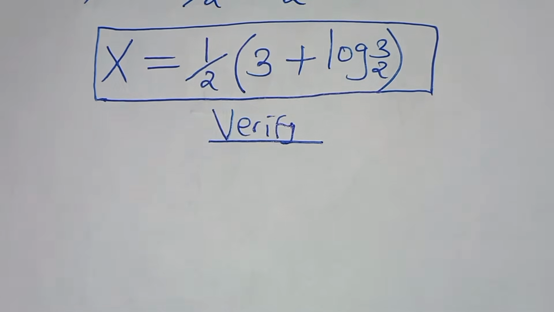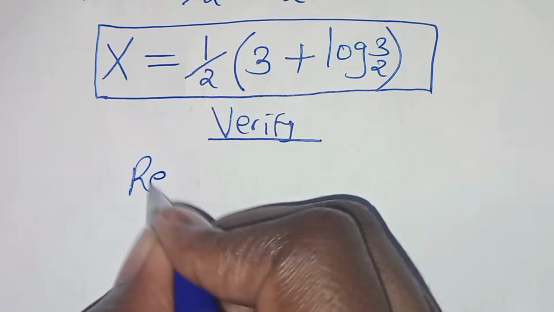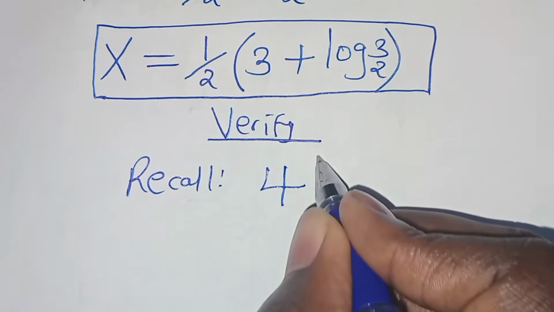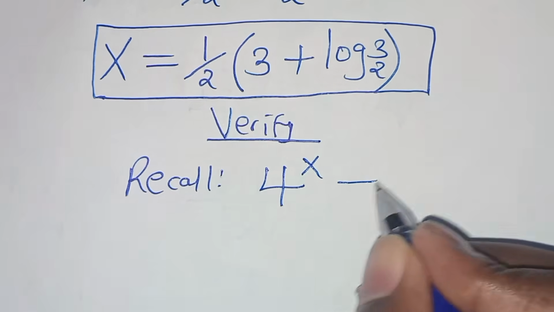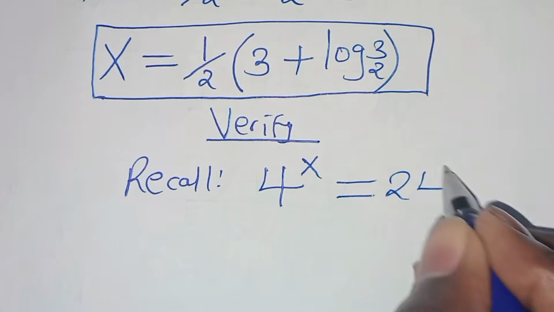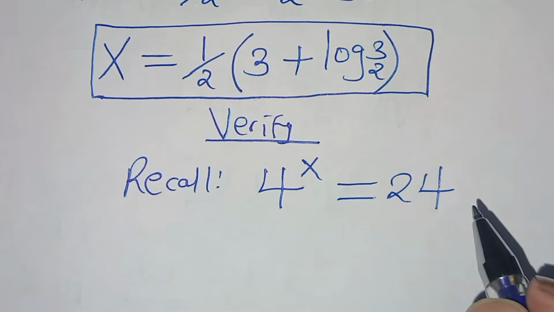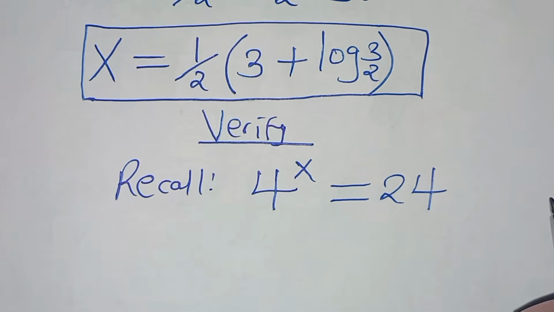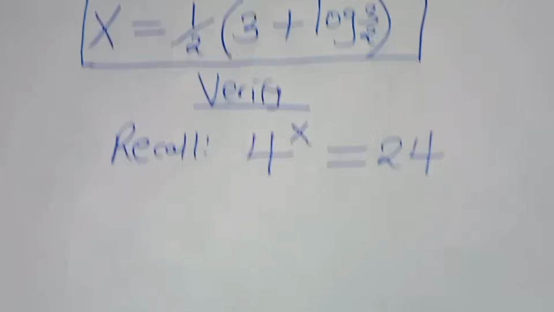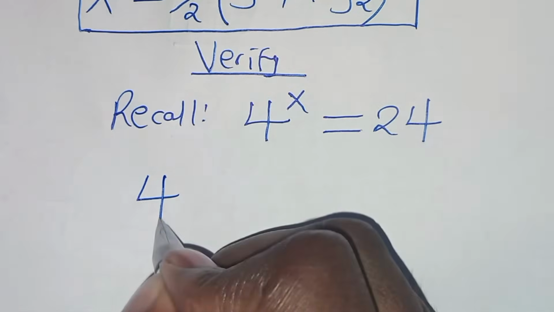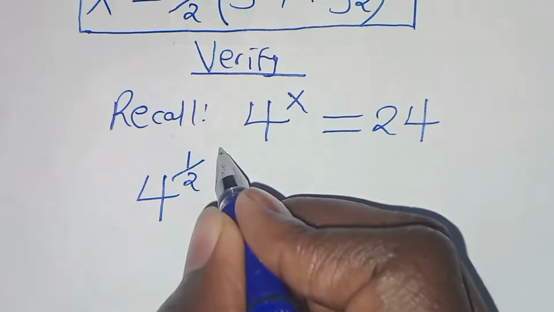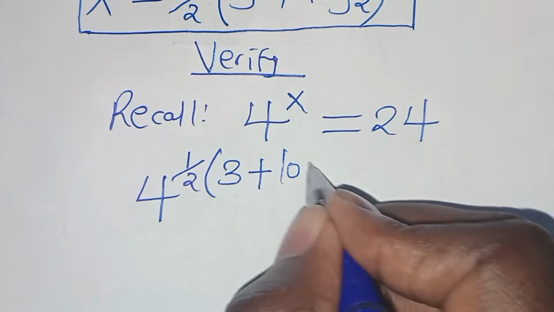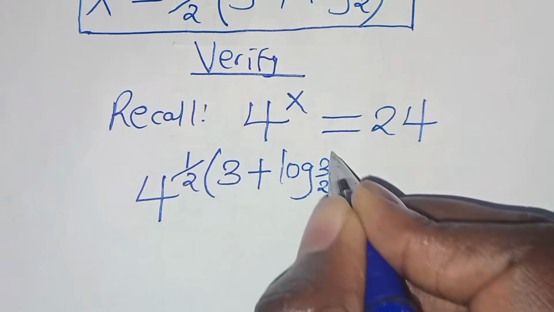Now, if you recall from here, we have that 4 to the power x is supposed to give us a value of 24. We can substitute the value of x from here, that is 4 to the power of half into the parentheses 3 plus log 3 to base 2.